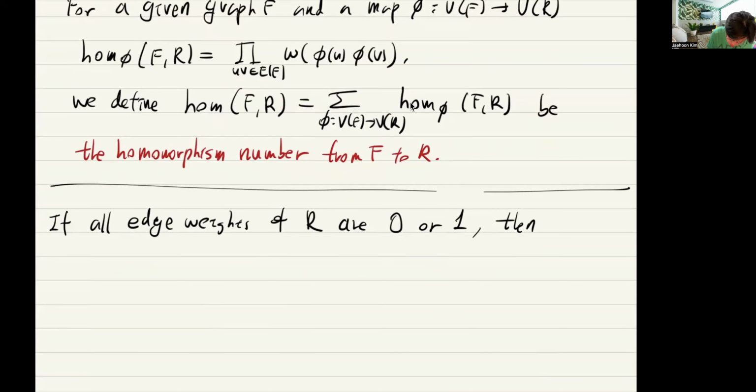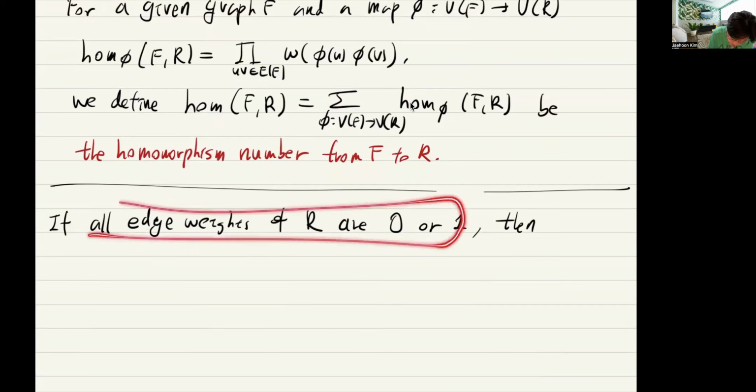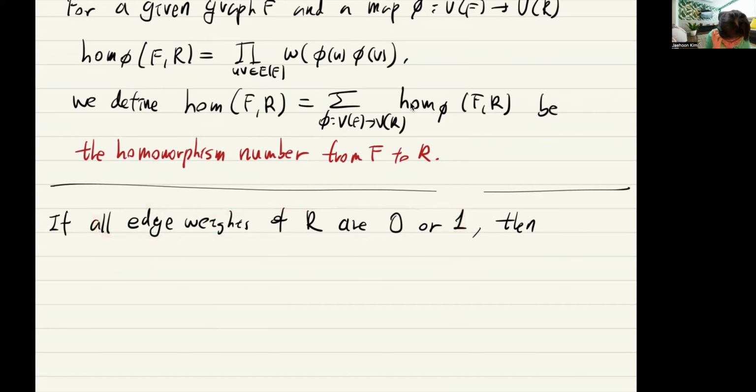So this can be identified with the simple graph, and in this case, this hom(F, R) just counts the number of homomorphisms.